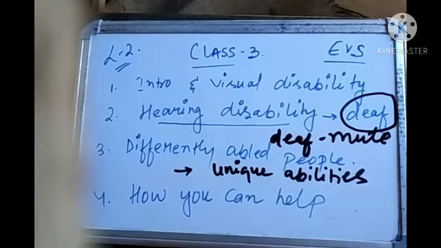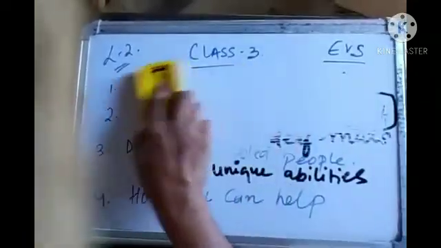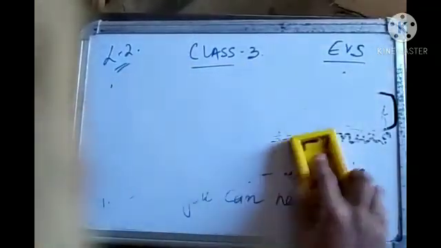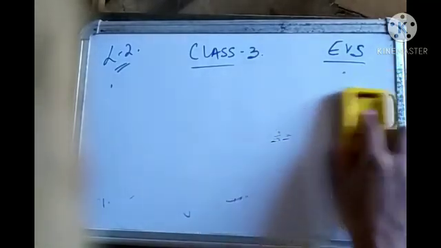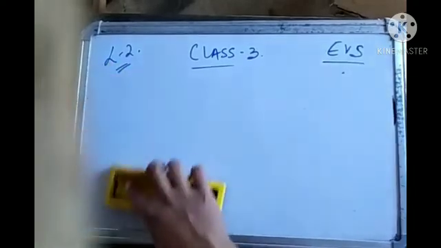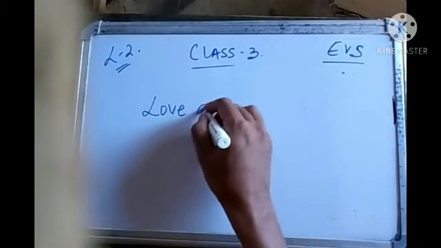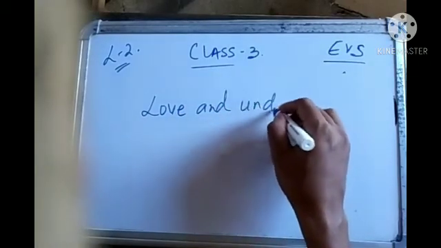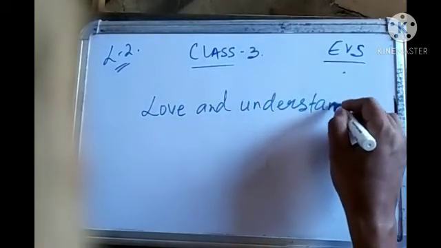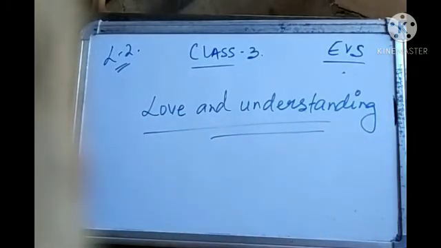And I have mentioned the moral of the lesson also, which is very important: differently able people do not need our pity and sympathy. They need our love and understanding. The most important thing is love and understanding. I repeat it again. Love and understanding is very important.